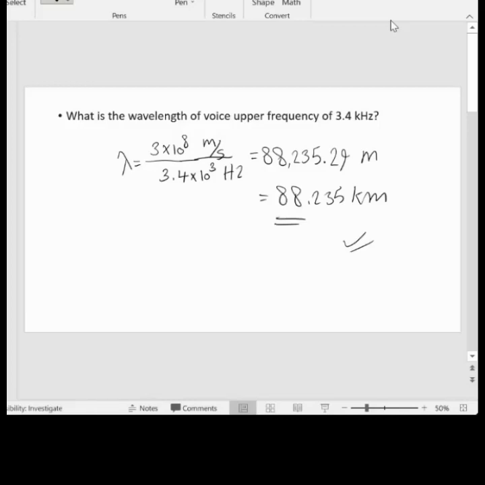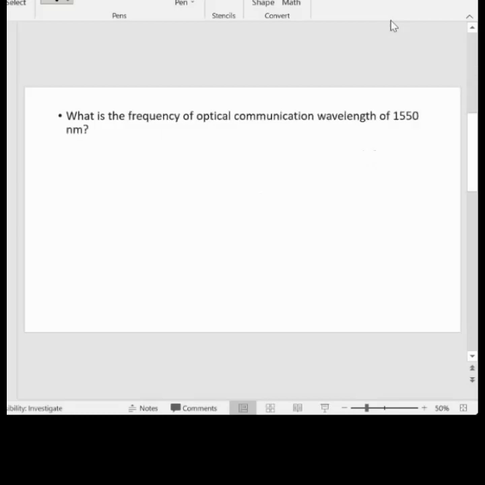The speed of light is 3 times 10 to the power of 8 meters per second, divided by the frequency 3.4 times 10 to the power of 3 hertz, or 1 over second. We have 88.235 kilometers.